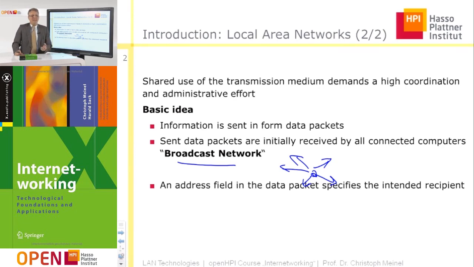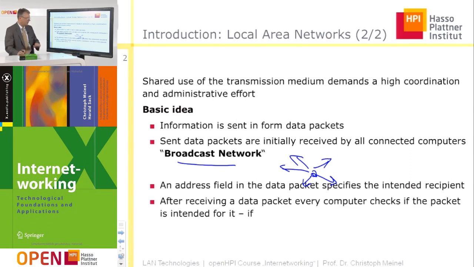Typically, only one of these many computers should receive the packet. So what we need is a way to identify the addressee, the receiver of a data packet. This is done by an address, and the data packet has an address field where the intended recipient of the packet can be specified.